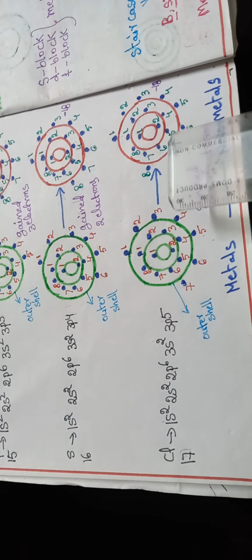So when we see these 6 elements, the first 3 elements donated electrons, and the next 3 elements gained electrons from another element.